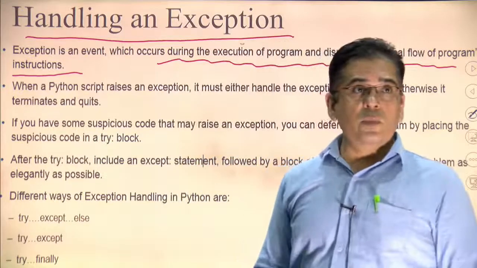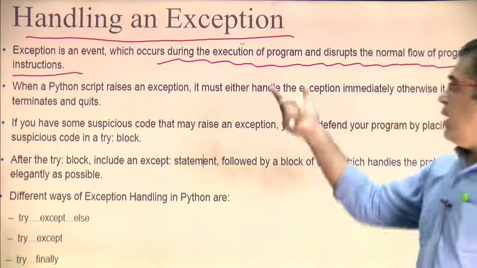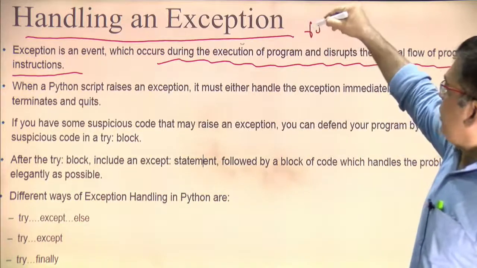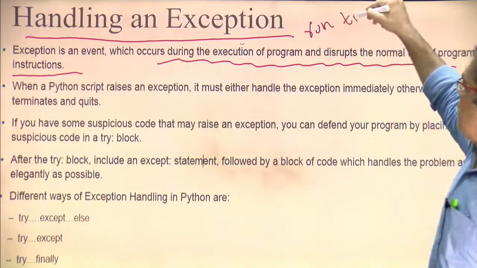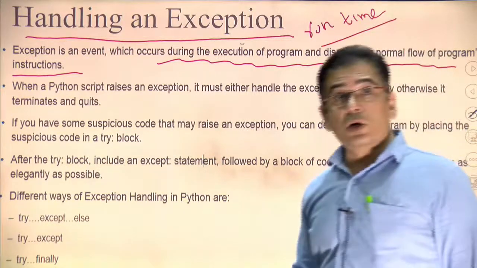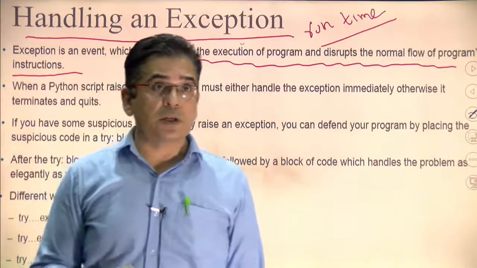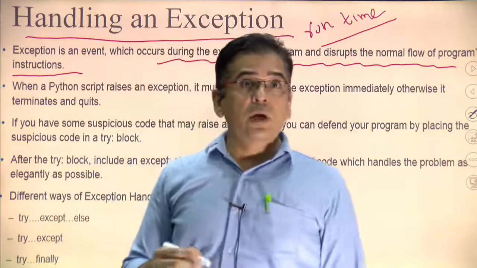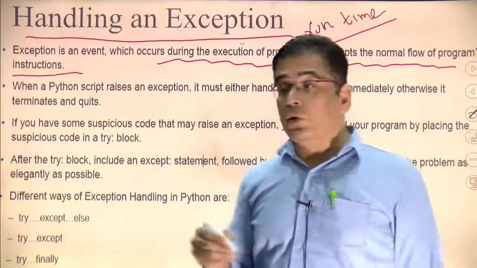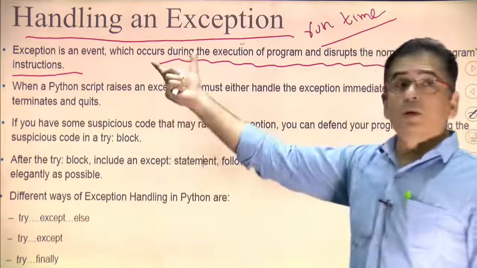As I already told you many times in this class, an exception occurs during the execution of the program, meaning at run time, and it disrupts the normal flow of the program's instructions. A program is executing, and the normal flow gets interrupted due to any kind of error which I explained in the previous slide, then an exception may arise.